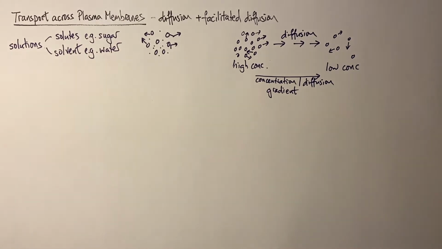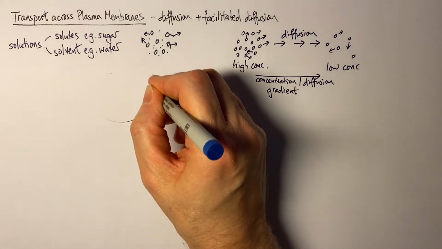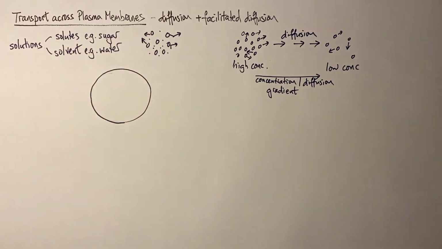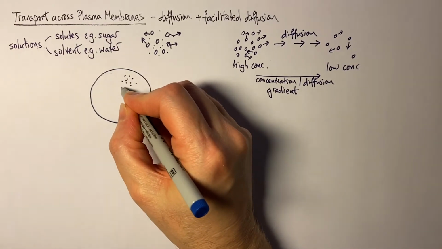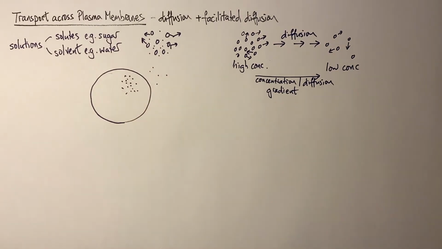Now, the confusing thing is when we come to cells, because a cell has got around it a plasma membrane. And that plasma membrane, if we have some molecules in here and some out here, may allow some substances to pass through, but may not allow other substances to pass through.